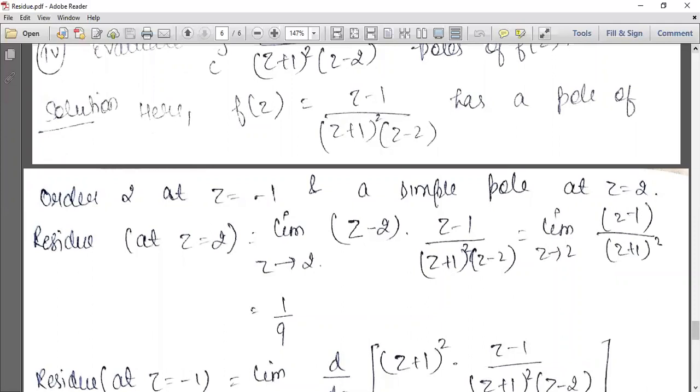Those points which lie outside your contour, leave them as they are, and for those poles which lie inside or on your contour, calculate the residues, and then use your Cauchy residue theorem, which says that the integral will be 2 pi iota times the sum of residues.